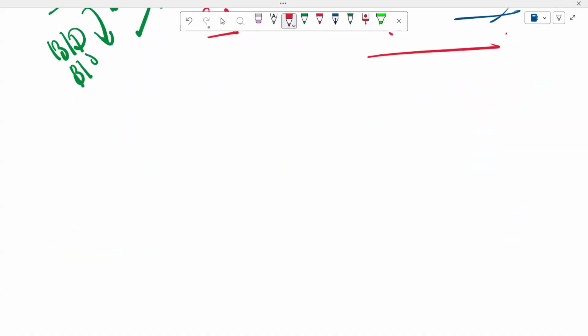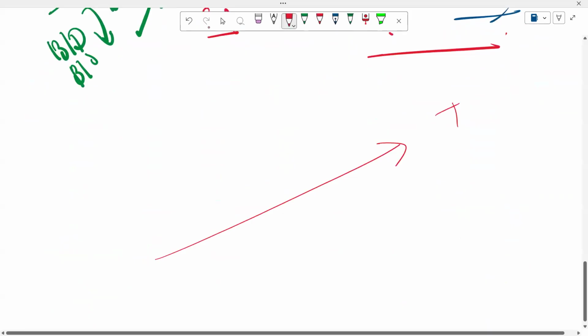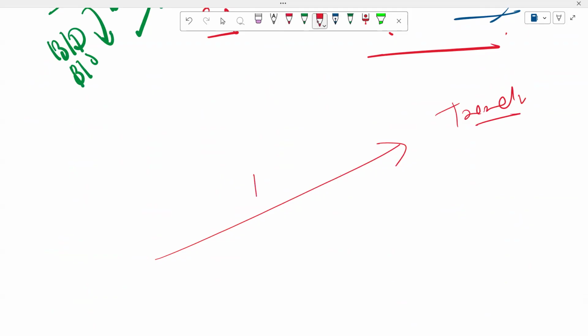Okay, so let's understand here. This is your trend line, the trend line of the uptrend. And at this trend line you see this candle, a red candle. This is a breakdown candle. Can anybody tell me if this is a breakdown candle or not?